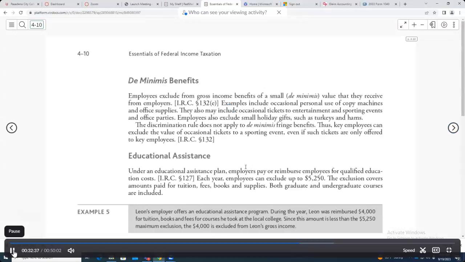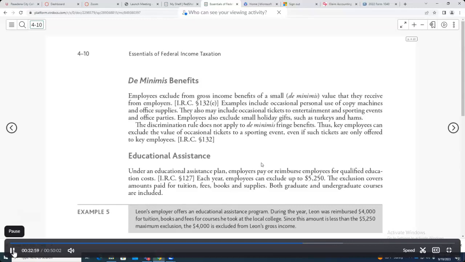So let me ask you, when you do have that flex plan and you get the money back, like in the programs when you put your dependent and the dependent care, doesn't that wash it out? Yes. Okay.